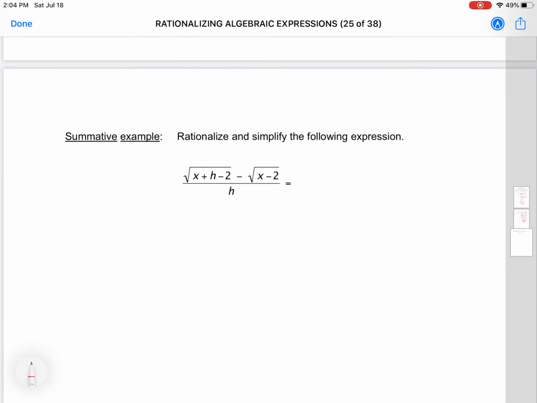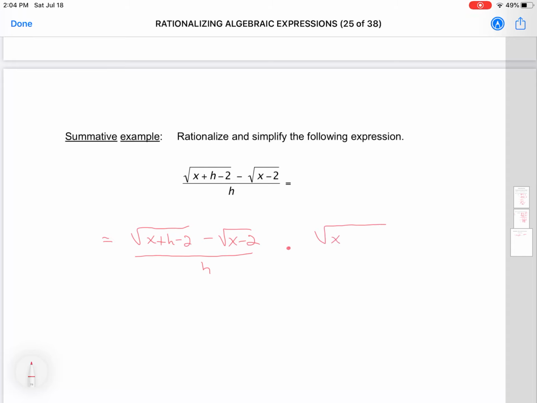So one last example, this one really taken from a Calculus 1 problem. We would like to rationalize the expression here. How are we going to do that? Again, by multiplying by the conjugate. So here's the root of x plus h minus 2 minus root of x minus 2 over h.